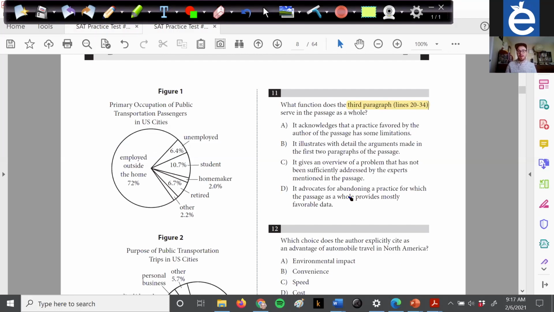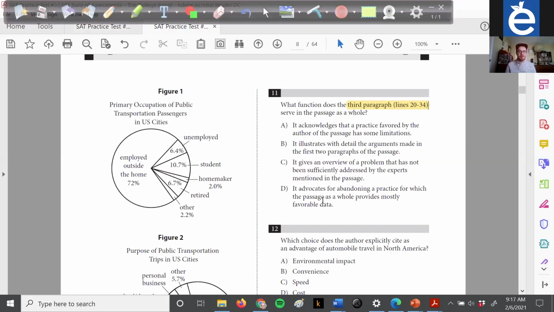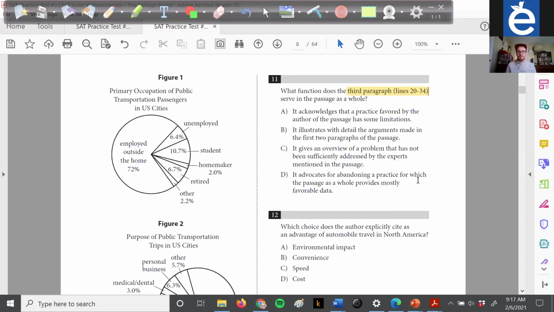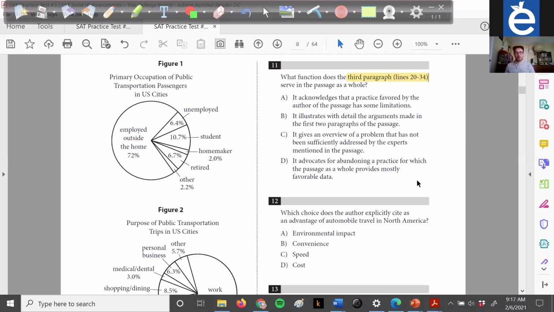Because this is asking about a whole paragraph, and I will generally favor the ones that are just asking about a few lines here and there before I get to these whole paragraph line questions. So on test day, I would likely just mark this with an L.